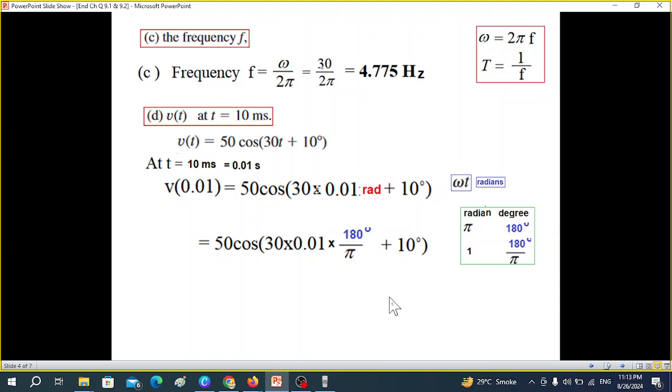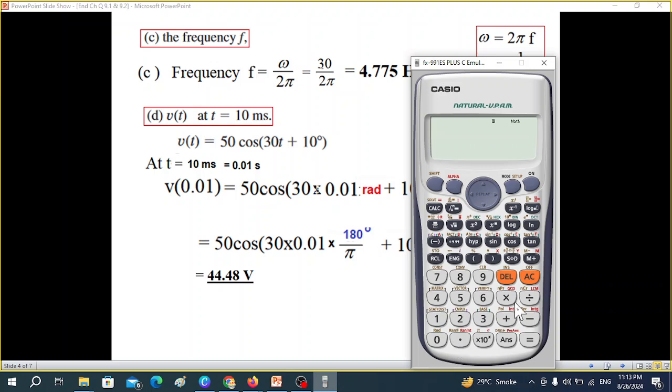And you can take help of your calculator to solve this directly, and the answer will be 44.48. So let's try solving. The key point here is that you have to make sure that you have cleared your calculator and you are in the D mode.